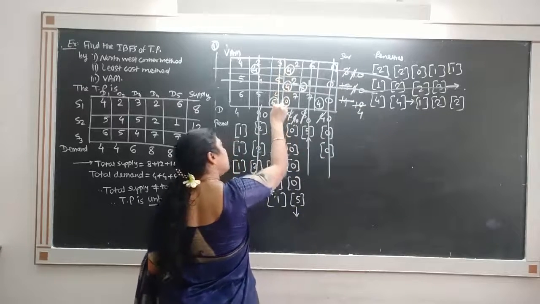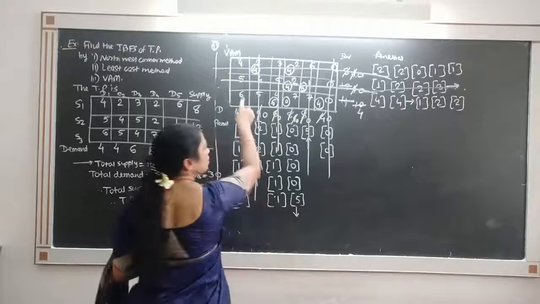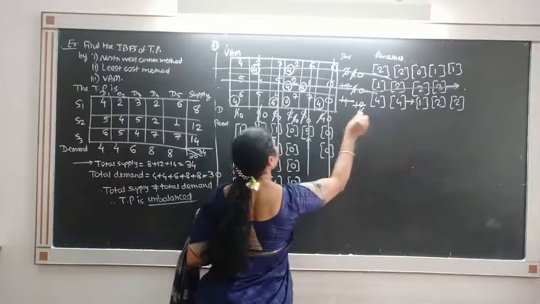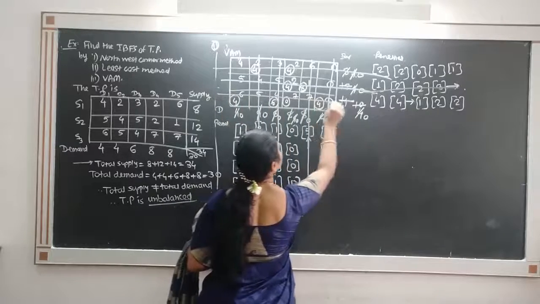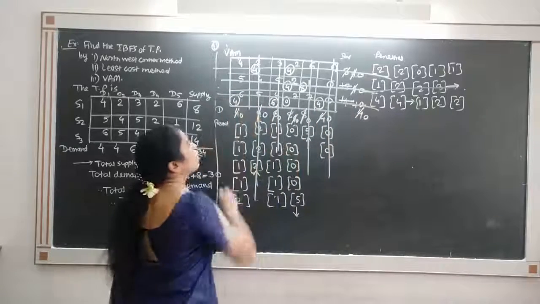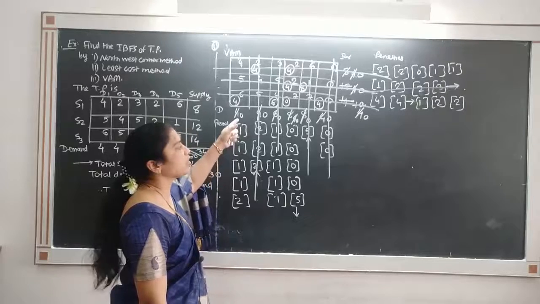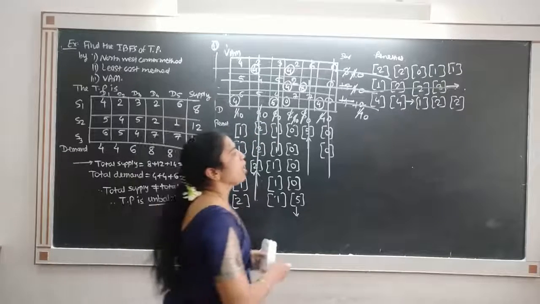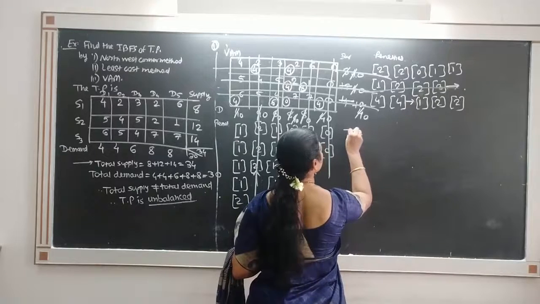Because this has demand 0, cross out, and this 6 allocate 4, so that both supply and demand become 0, cross out this. Only one column remains to cross out, means that the solution is optimal. See that all demand and supply become 0, that is, it is satisfied.